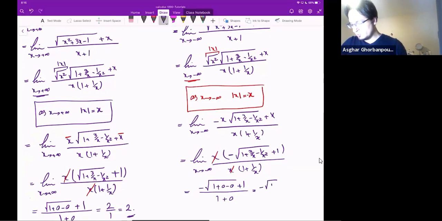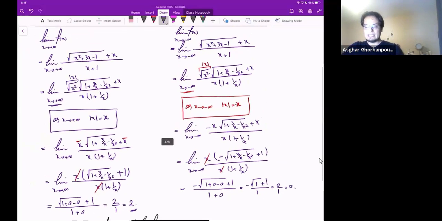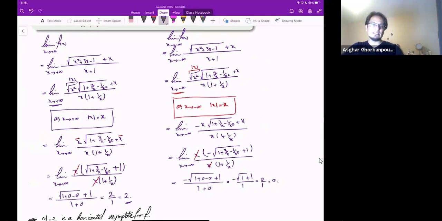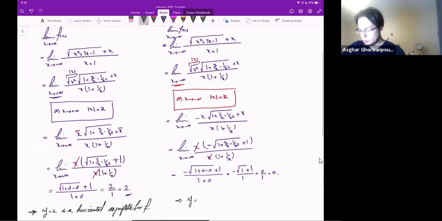So this will be negative root 1 plus 1 over 1, which is equal to 0 over 1, and that is 0. In this example, both limits at positive infinity and negative infinity exist. They are numbers, and they are different numbers. So we will have, right away from here, y equal to 0 is another horizontal asymptote for f.